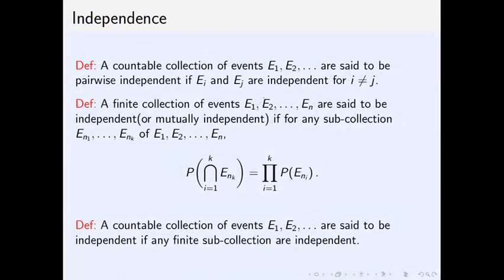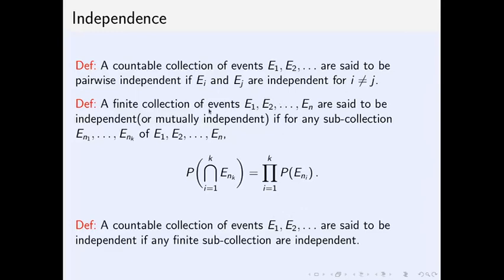We are going to define mutual independence for a finite collection of events, and once we can do this, we will extend it to a countable collection of events. So first we define it for a finite collection of events, and then we extend it for a countable collection of events. That will be the way.